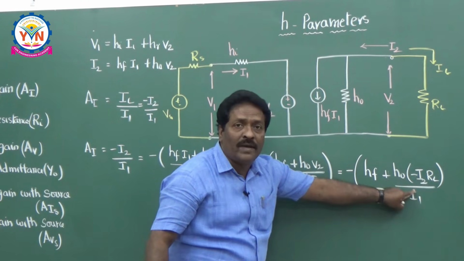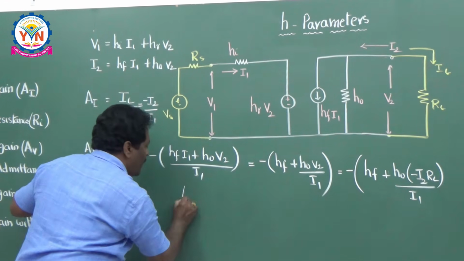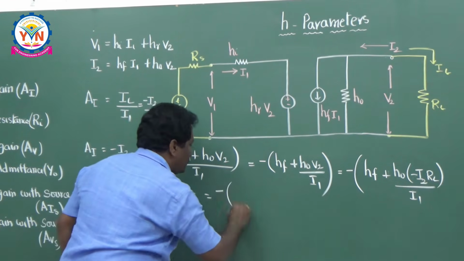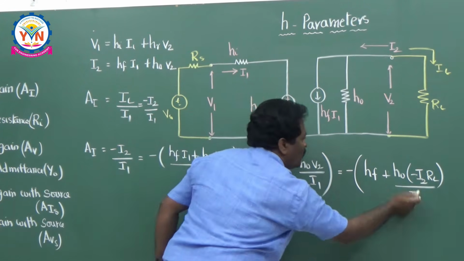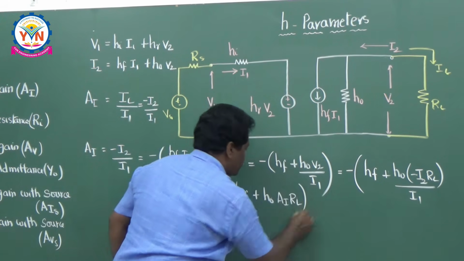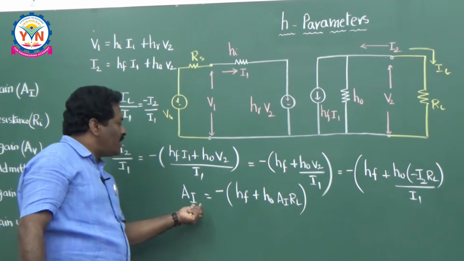What is minus I2 by I1? It is nothing but the current gain by definition. Therefore, finally I can write AI is equal to minus HF plus HO into minus I2 by I1, meaning AI into RL. So what is AI?